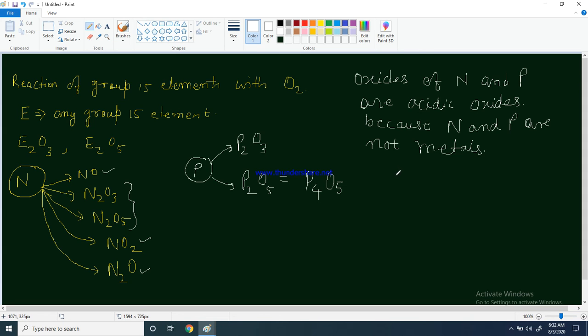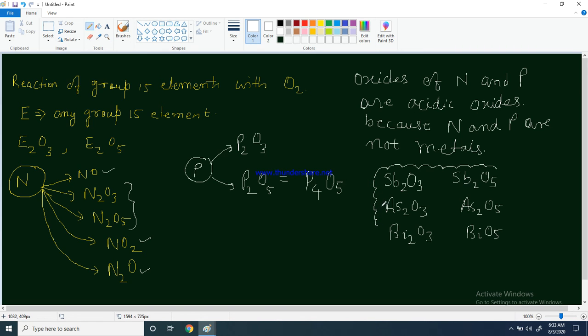But if you compare the oxide of antimony or arsenic or bismuth oxide, then since they are either amphoteric or metallic, they are either amphoteric or basic.